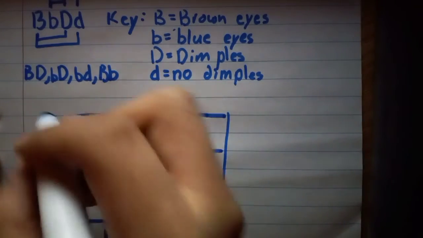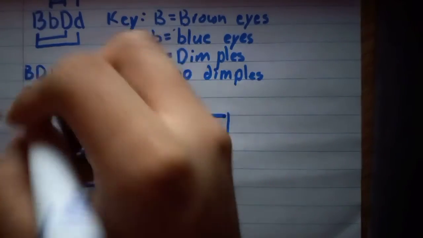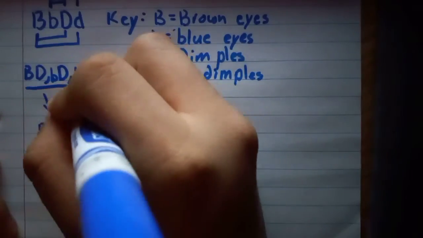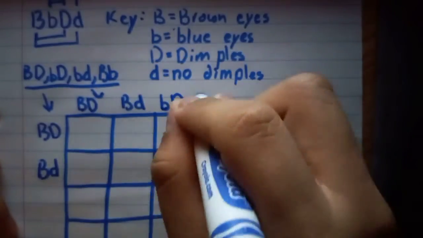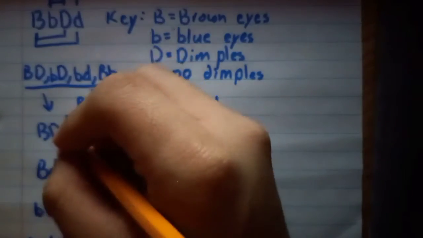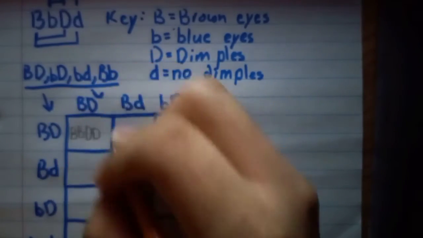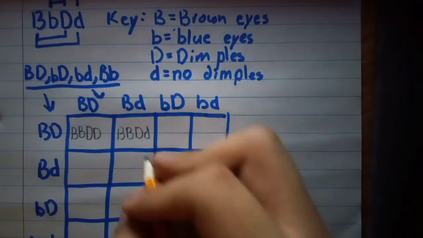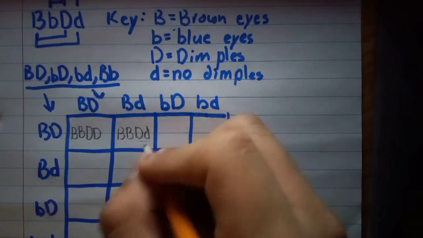Okay, for here, you're going to take all of these and put it right here, like this. And then you will finally have them all cross. Okay, it will be like this. You have all the dominant alleles going first in front of the recessive ones.